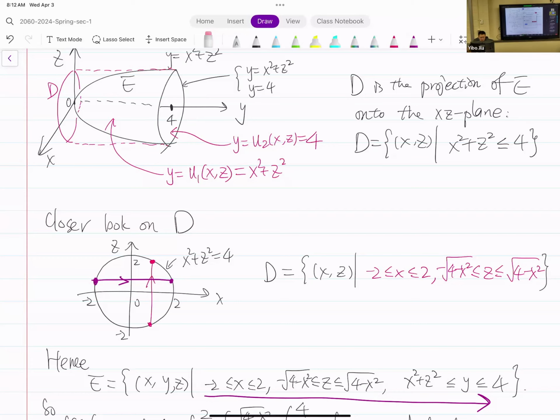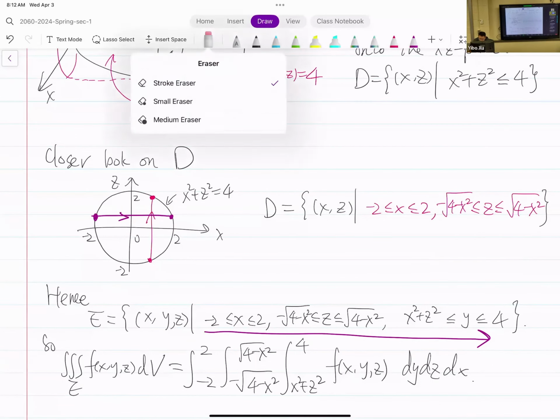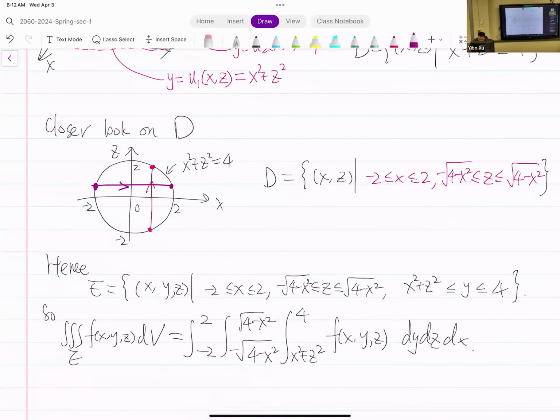So now, once we describe E in this way, then we just write down the integral accordingly, right? So this is actually a very good question, since indeed we have decided. For this region D that we just covered in this figure, we decided to use the vertical bars, okay?